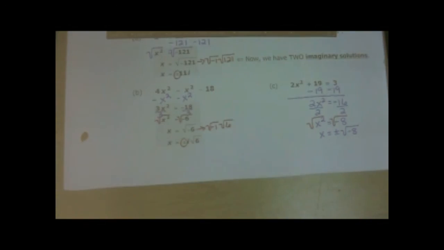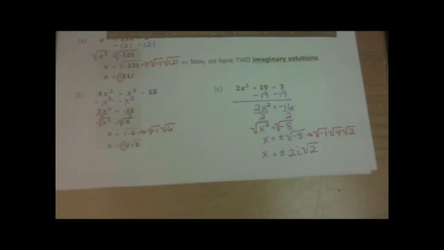The next thing I want to do is take the square root of both sides. All right? So here's what I've got. I've got an x on the left, and on the right-hand side I have two answers, plus or minus the square root of negative 8. But I do need to simplify this. So first of all, I'm going to pull out the square root of negative 1. Also, I can split up 8 into 4 and 2.